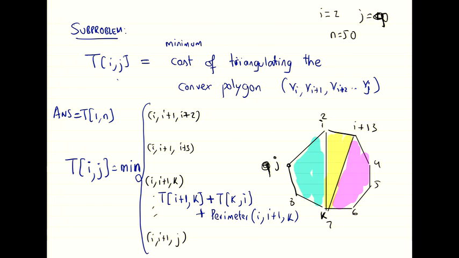I'm sorry about this. I think the key mistake I made was that I shouldn't look at i and i plus 1. Let's see which triangle i and j are part of. Which triangle are i and j part of?